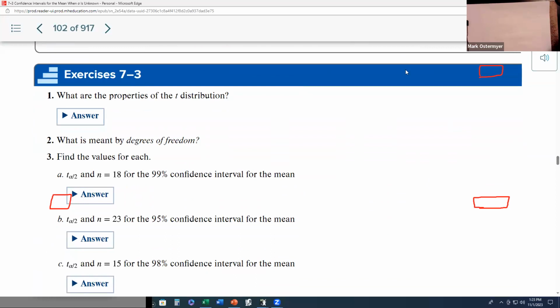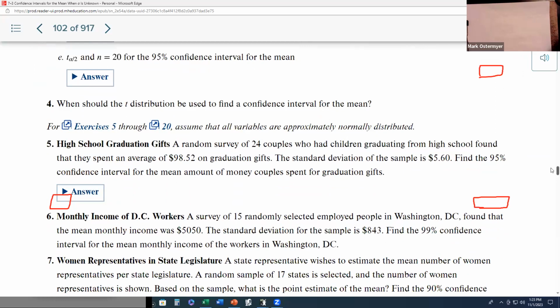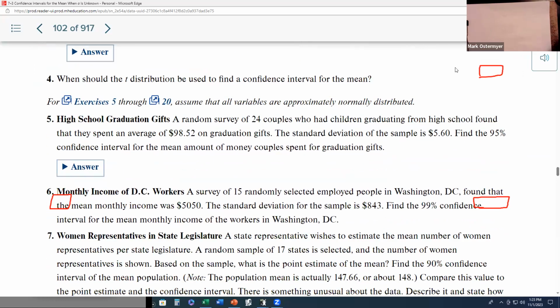All right, so for classwork number 1, I would like you to do problem number 5 here in your textbook. A random survey of 24 couples who had children graduating from high school found that they spent an average of $98.52 in graduation gifts. Standard deviation of the sample is understood to be $5.60.